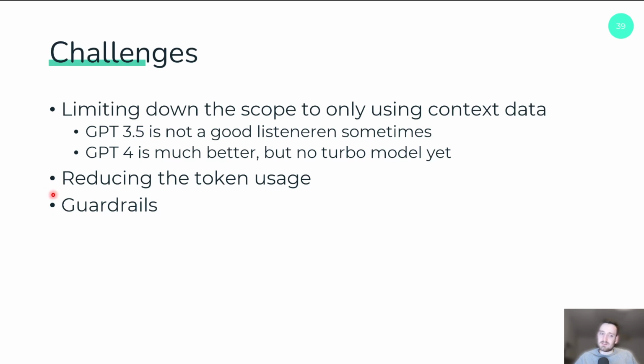And then also the guardrails, meaning the result from GPT. Well, can we trust it? Can we guarantee that it's going to be a good result, or at least that it's not going to be harmful in any way to the user? That's also still something that's difficult sometimes.